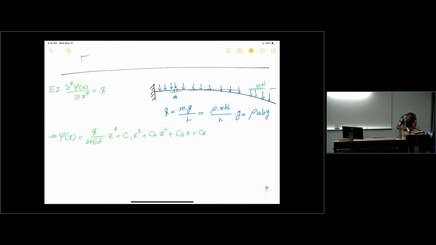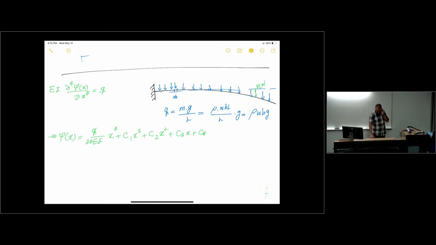And actually, if you add these coefficients one by one, you will have C1 divided by 6 times x cubed, and then C2 divided by 2 x squared, and then C3 and C4. I just absorb that 6 and 2 into the coefficients themselves.